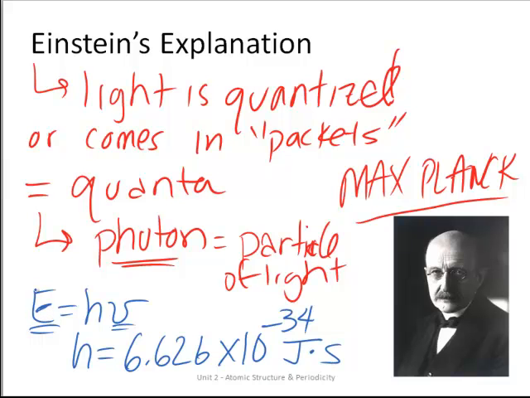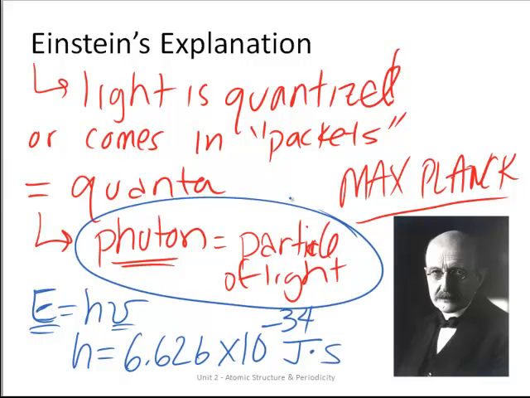So from this explanation of the photoelectric effect, we now know that light, in addition to having wave-like properties, has particle properties, and this is now known as the wave-particle duality of nature, as we'll see further in our discussion of the electron.